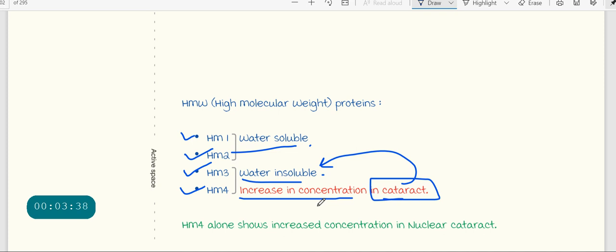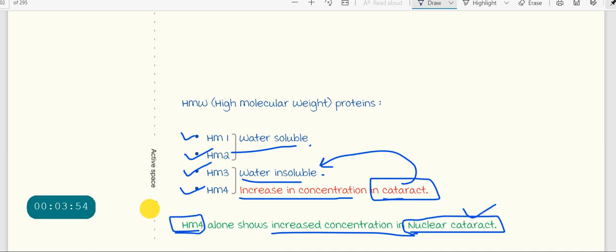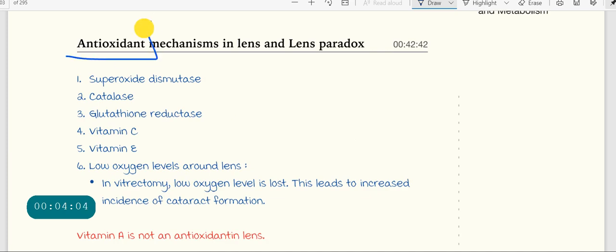Now HM4 alone shows increased concentration in nuclear cataract. So in a particular cataract such as nuclear cataract, HM4 plays a very important role. Now some antioxidants in the lens.